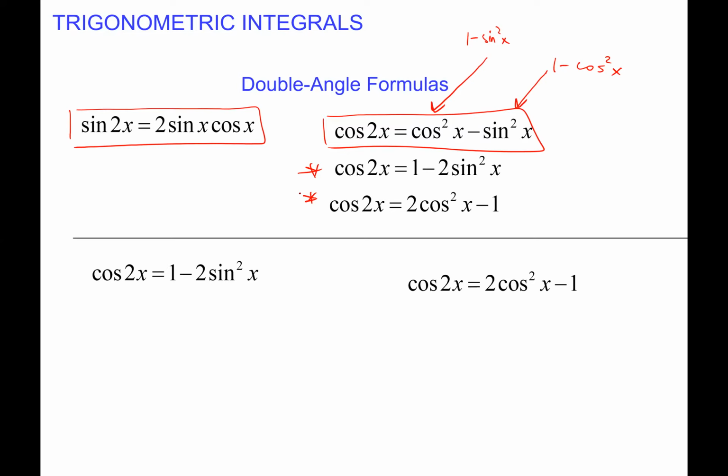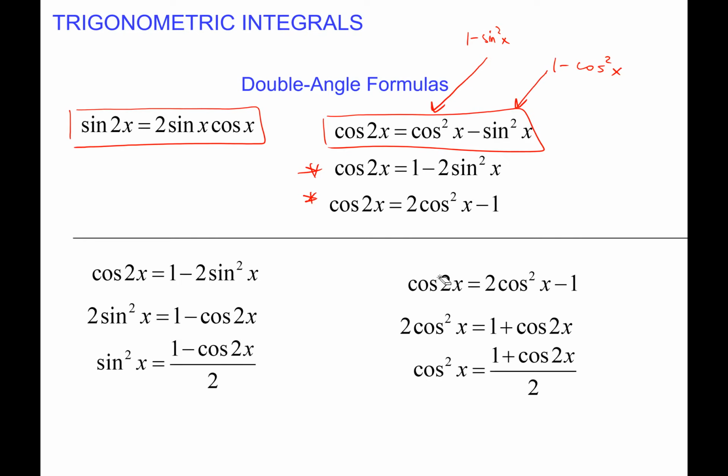And now what we will do? We will take cosine of 2x, the double angle formula in terms of sine and in terms of cosine. And I will solve both of the equations. The first one, I will solve for sine square of x, and the second one, I will solve for cosine square of x. That means I'm subtracting from one side to another, and then I am dividing by 2.